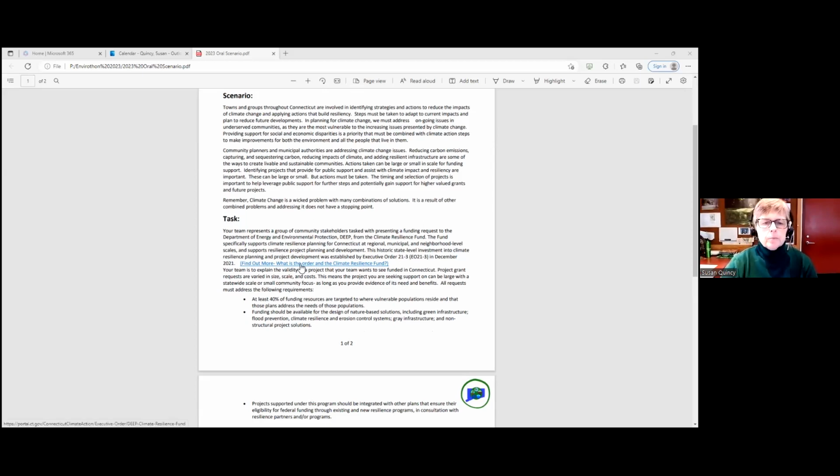Right here is the link that takes you to the actual Climate Resilience Fund website. That helps explain the criteria, because that's what your group is doing. You are going to represent a group or community of stakeholders. So you first have to be able to tell me, what group are you?